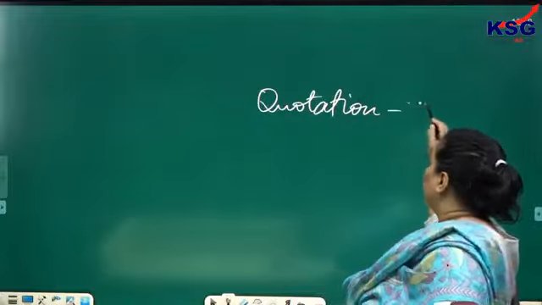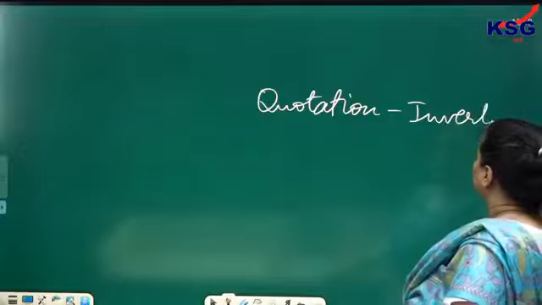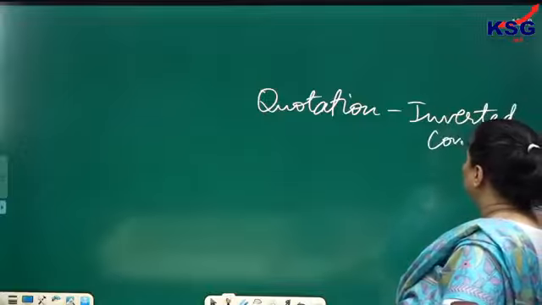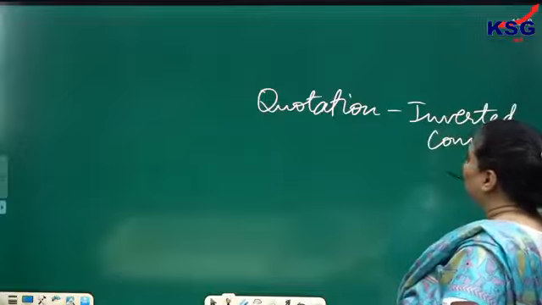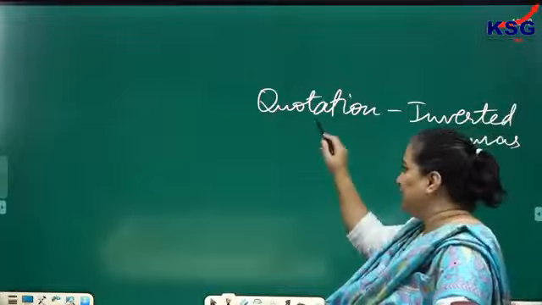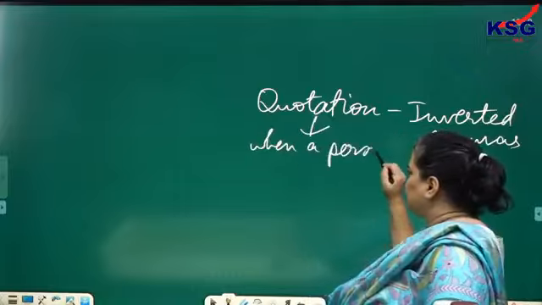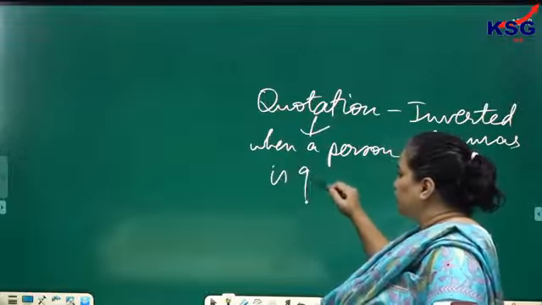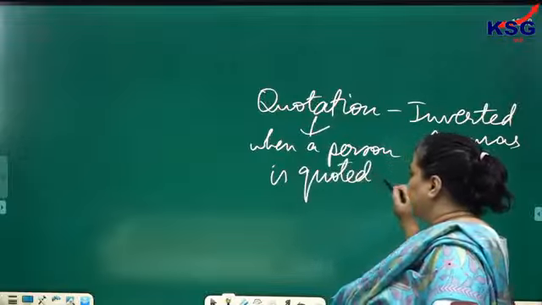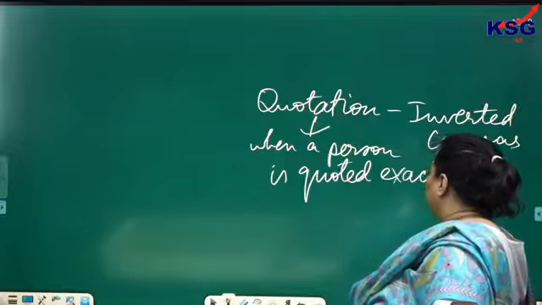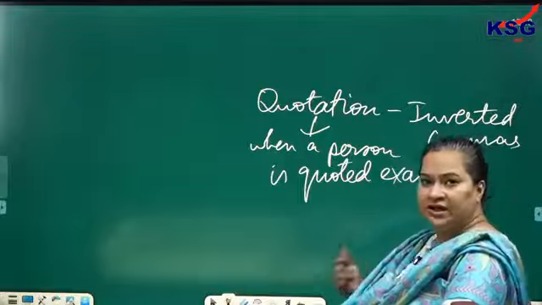Inverted commas should be used only when you are quoting the person exactly. When a person is quoted exactly, then only should you use inverted commas.